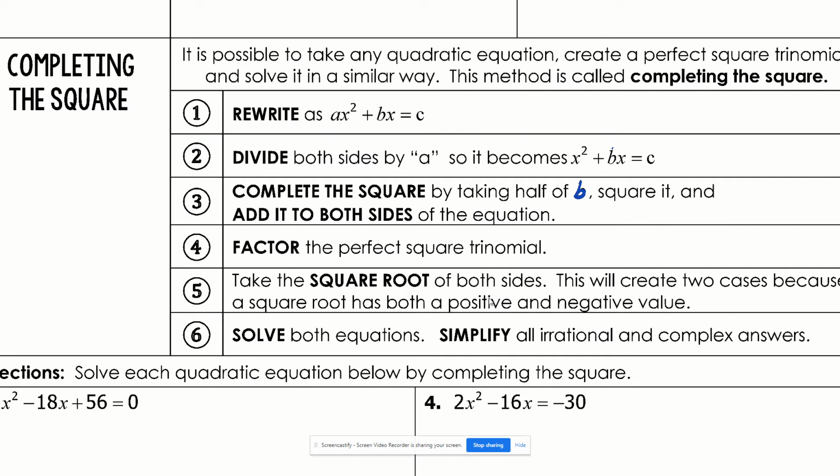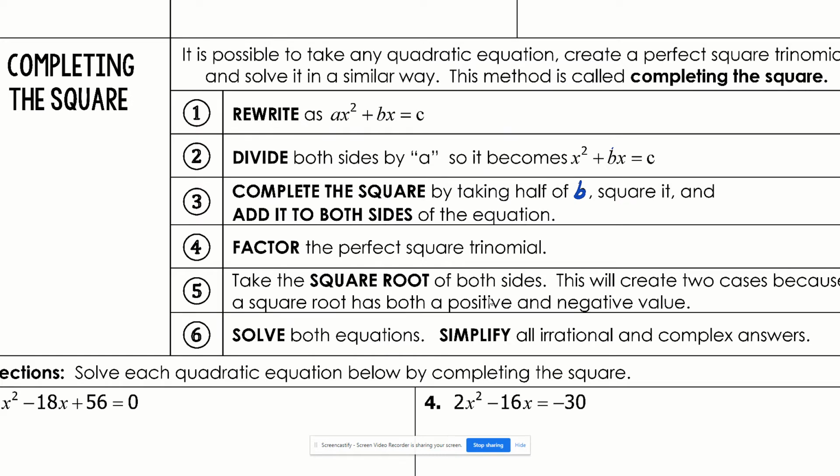We're going to rewrite it as ax squared plus bx equals c. Then we're going to divide both sides by a if it has an a. As long as b is even, then I'm going to complete the square by taking half of b, squaring it, and then adding it to both sides of the equation.